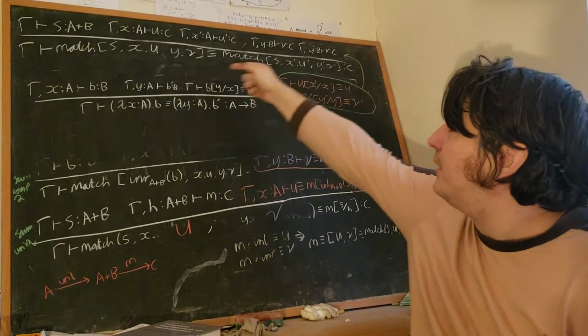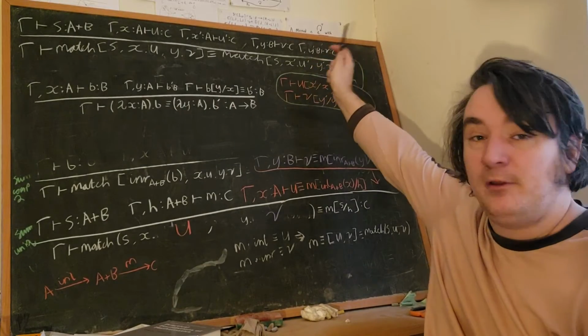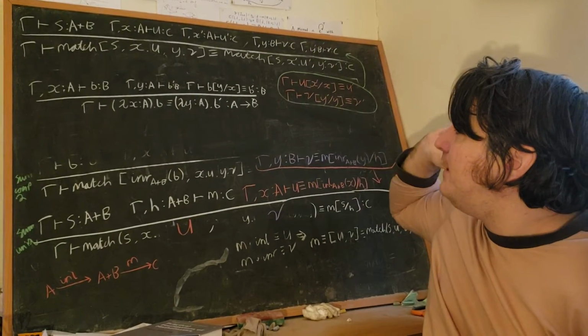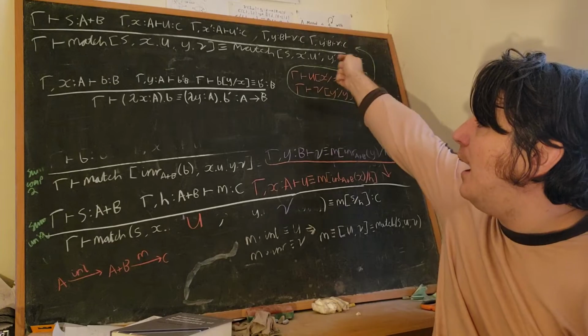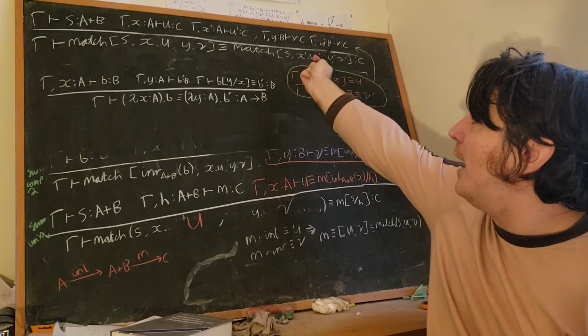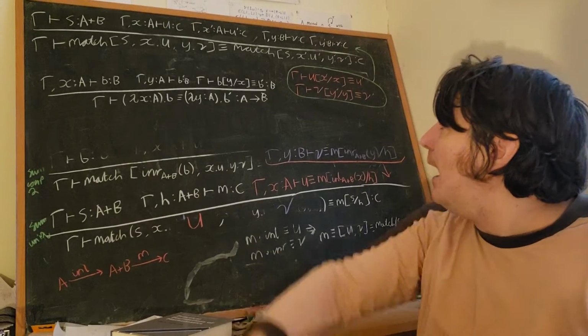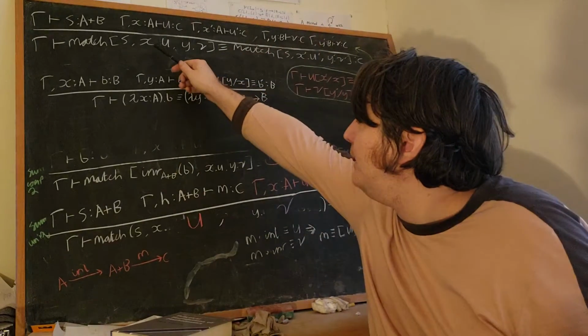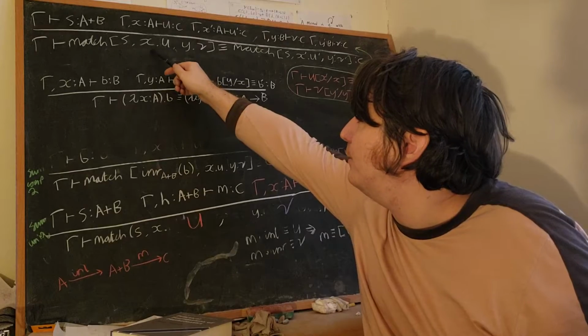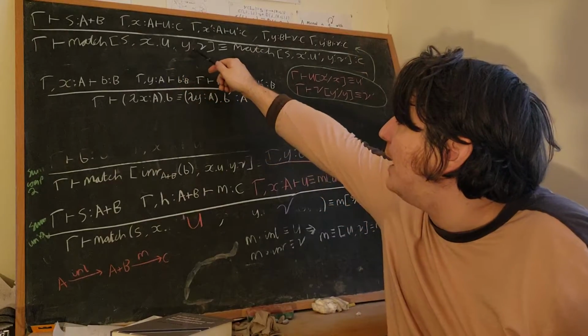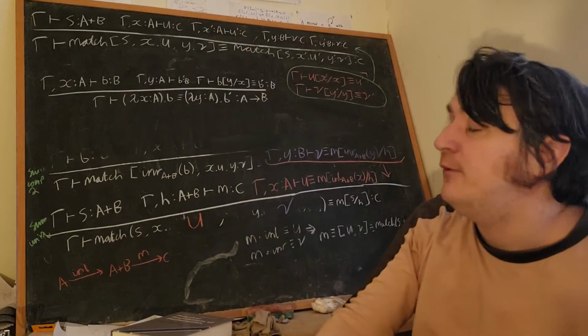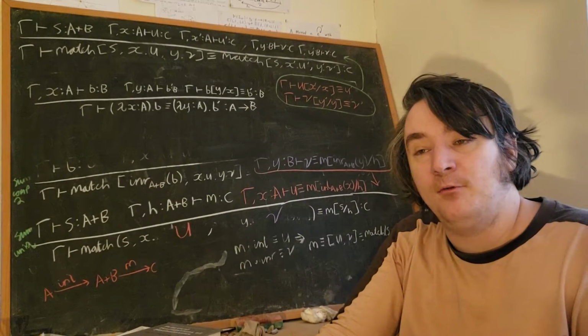This is something I haven't mentioned yet explicitly, but this is basically the rule for alpha conversion involved in sum types. The idea is that in this match function, we have these bound variables. X gets bound to U and Y gets bound to V, and it doesn't really matter what those variables are called.